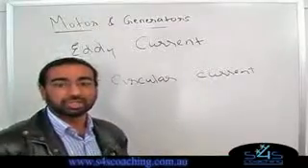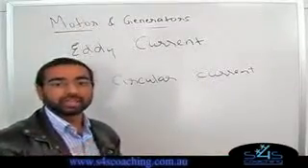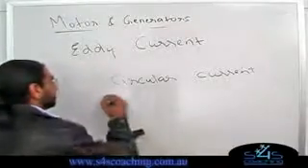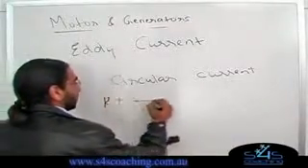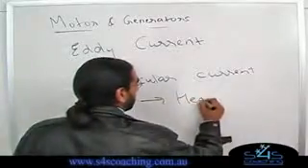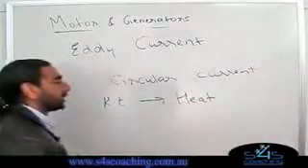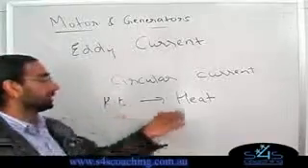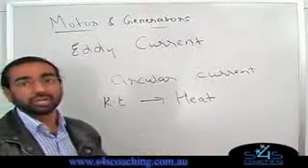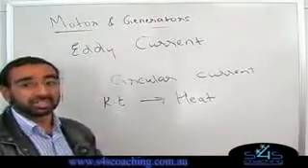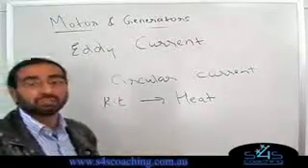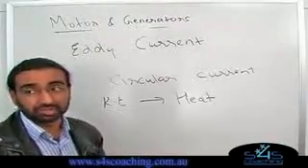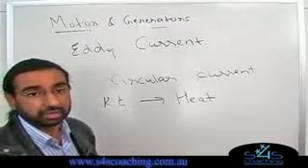Eddy currents are just currents that go around in a circle. Now mostly eddy currents transform kinetic energy into heat. A lot of the times this is actually a very wasteful use. You're converting kinetic energy to heat, and essentially, in a transformer, in electric motors, this is considered quite harmful. However, there are a few useful applications of eddy currents, such as eddy current braking.